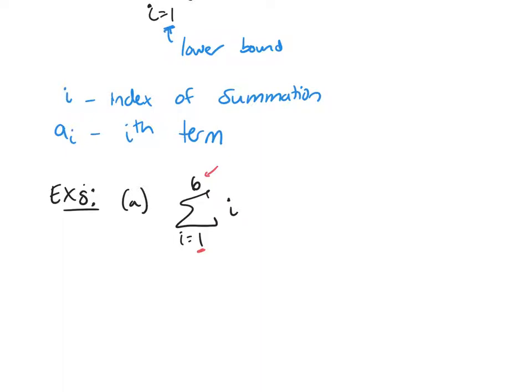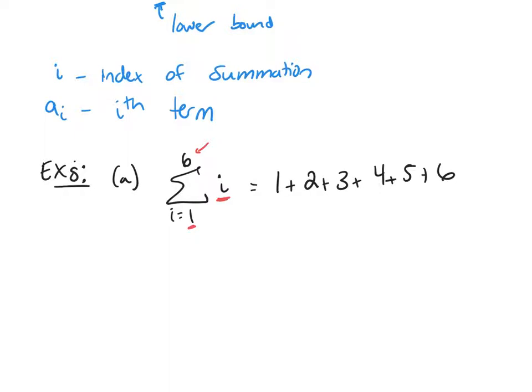And so you're going to take your formula here and plug in those numbers into i. So you're going to start with 1 and then plug in 2, 3, 4, 5, and 6. And you've reached your upper bound now. And so you're going to add up all these numbers and the sum will be 21.